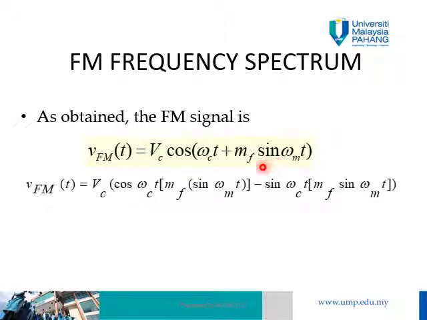Expanding it, we get Vc cos ωc t multiplied by cos(mf sin ωm t) minus sin ωc t multiplied by sin(mf sin ωm t). So this is the equation where we need the Bessel function to solve.